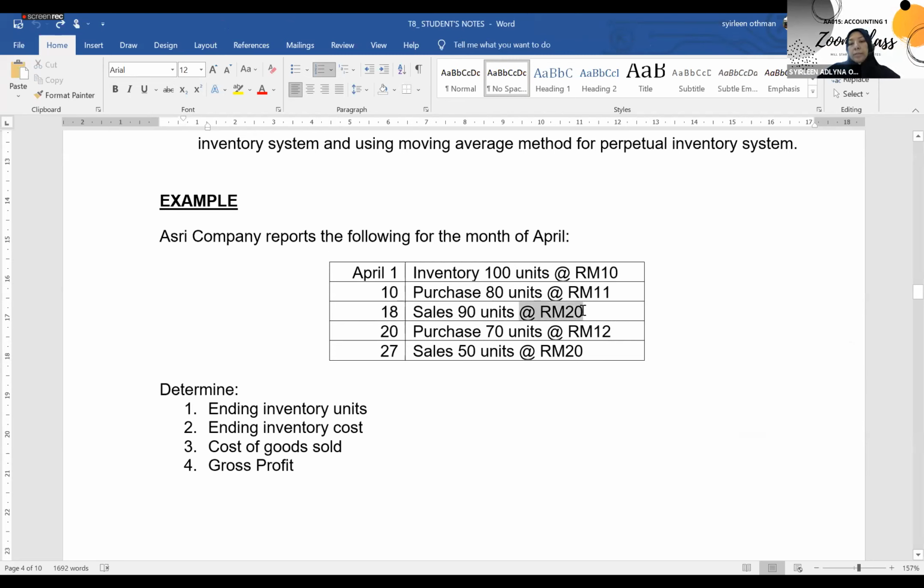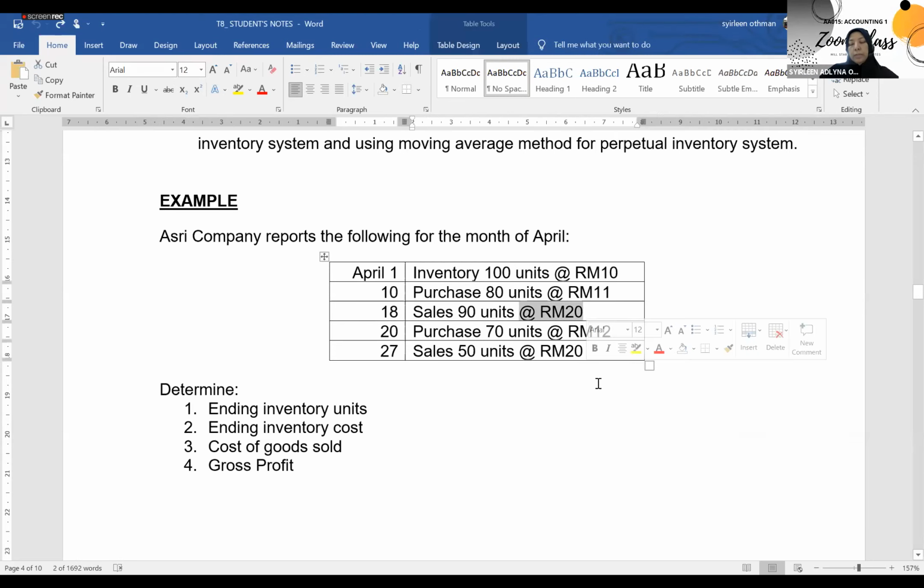This is sales price. Tapi nanti bila kita record, kita tak akan record pada sales price sebab kita nak record pada harga cost. So kita nak tahu 90 unit ni berapakah cost dia. You kena kira yang tu. Yang 20 ringgit ni ialah harga awak bagi pada customer. So that is not the price of your inventory actually.